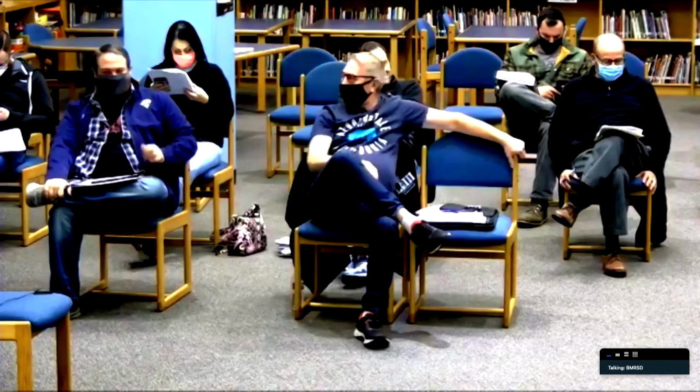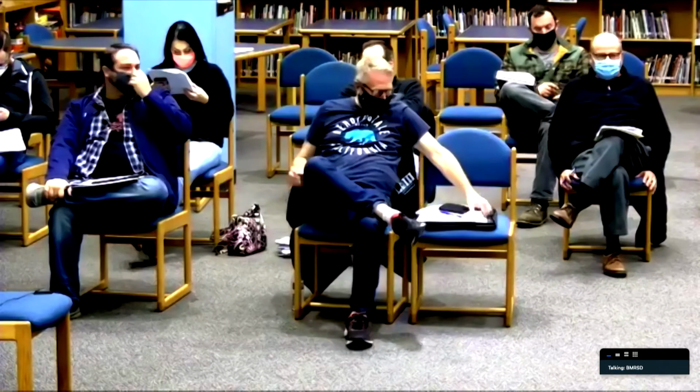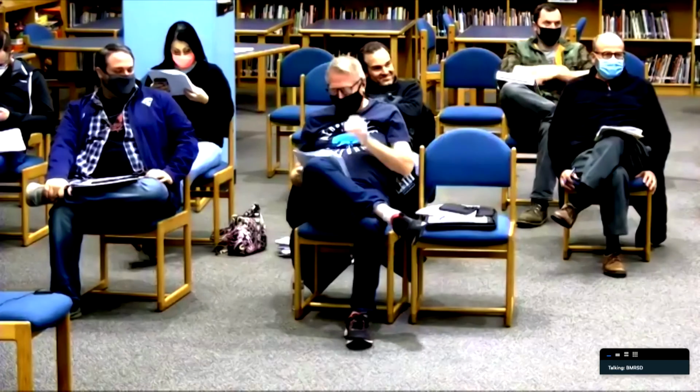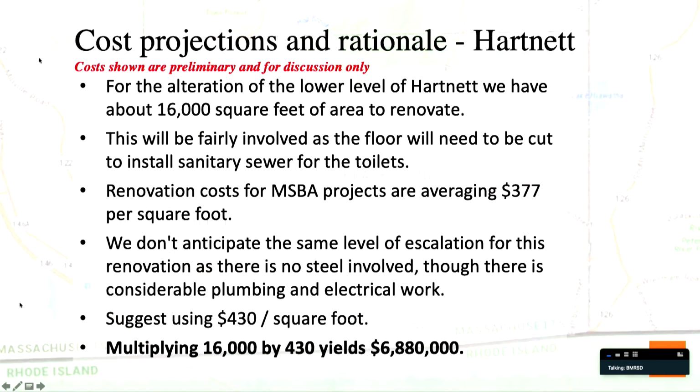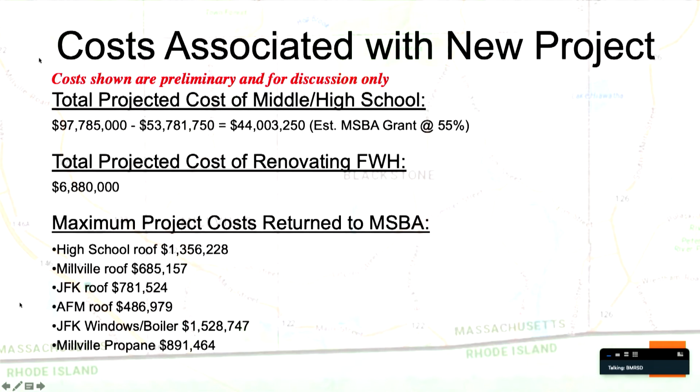If we go back to our slideshow, I think we've got just a few more slides and they're all about money. So we did Hartnett, 6.88, 6.9 million and $430 a square foot. I would imagine you might save some on that because of less site work, but we would be looking also to get a pre-K drop-off loop so that the little guys aren't in the bigger mix.